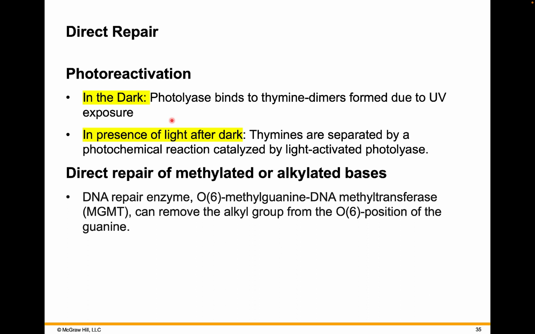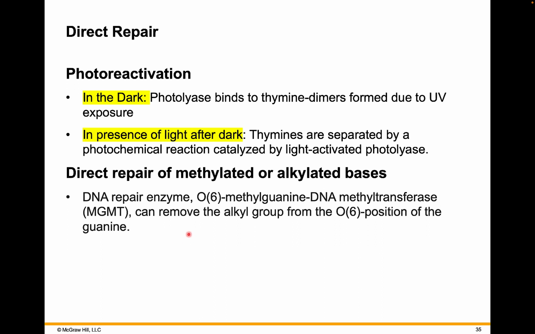So it is a very interesting enzyme, and we call this photoreactivation because the DNA was damaged due to the ultraviolet, and in the dark, the enzyme responsible for removing the dimer finds where the damage is. And when it gets back to the light, that activates the enzyme to remove the thymine dimers and form the correct DNA.